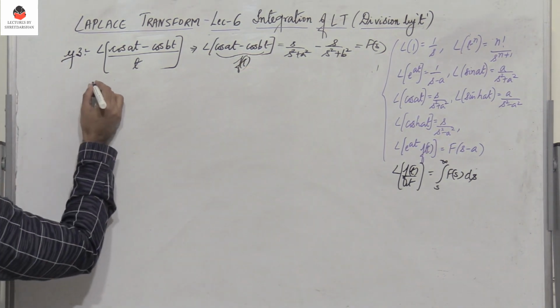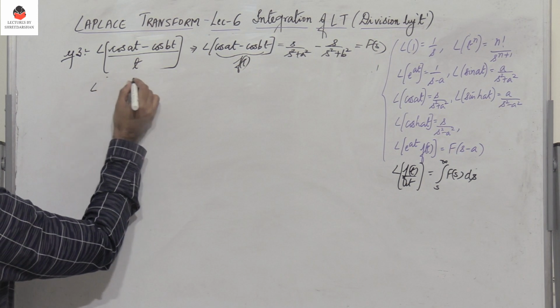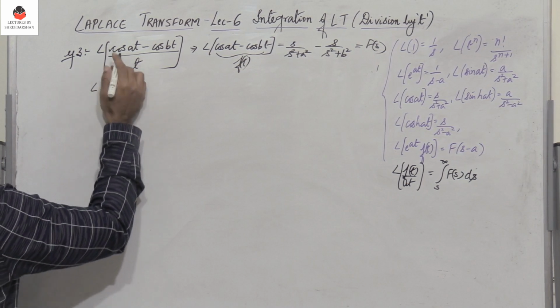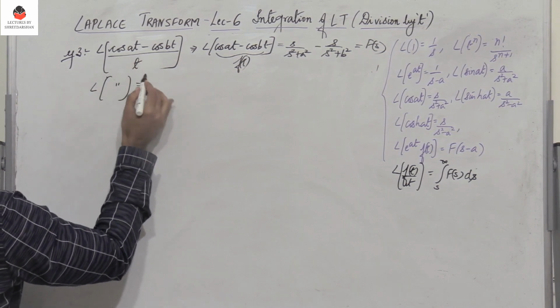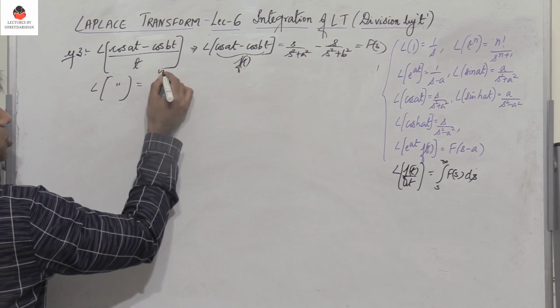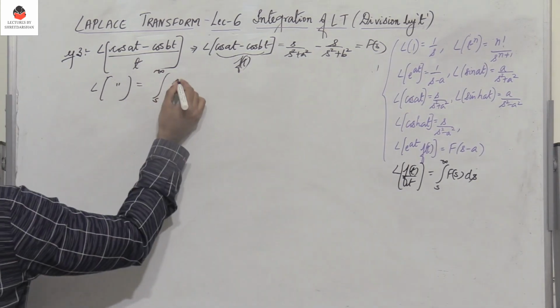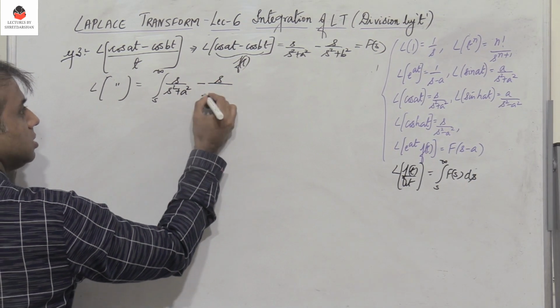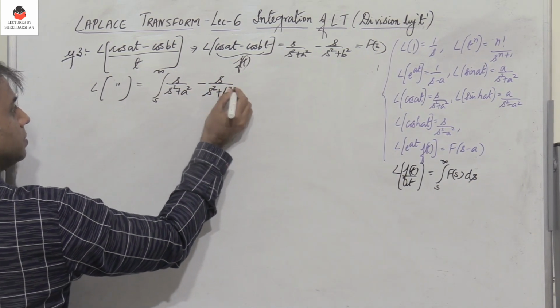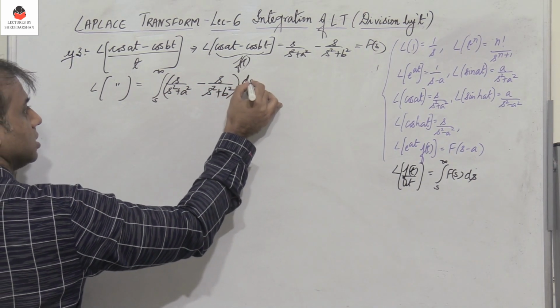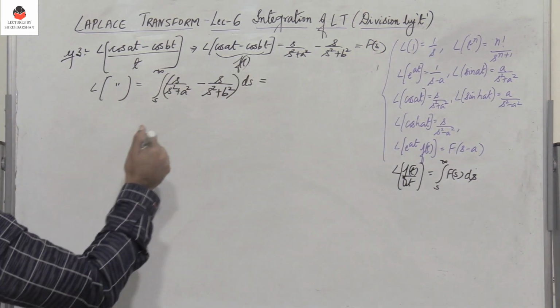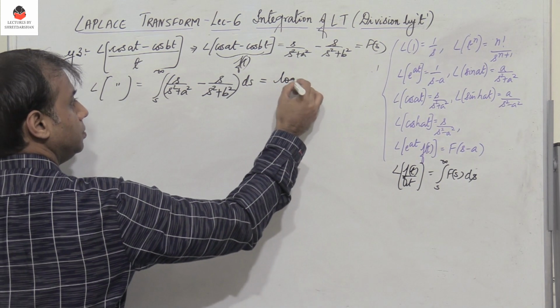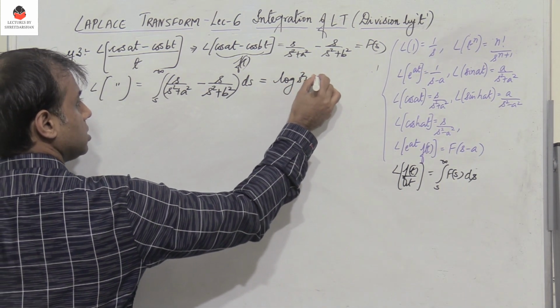Now what is the Laplace transform of this entire thing, cos at minus cos bt divided by t? It is nothing but the integral from s to infinity of f of s, which is s divided by s square plus a square minus s divided by s square plus b square ds. This is nothing but 1 by 2 log of s square plus a square.